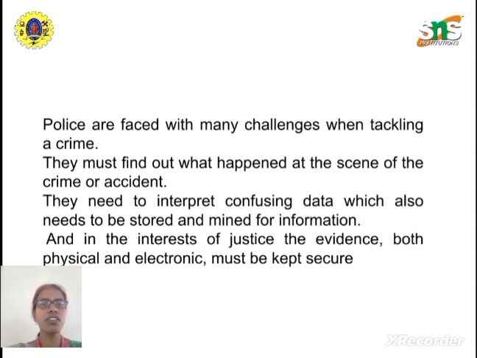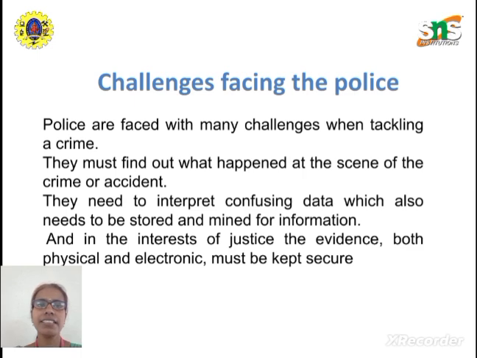The first thing is police are faced with many challenges when tackling a crime scene. They must find out what happened at the scene of the crime or the accident, and they need to interpret the confusing data, which also needs to be stored and mined for information. And in the interest of justice, the evidence, both physical and electronic, must be kept secure. These are the challenges the police face.